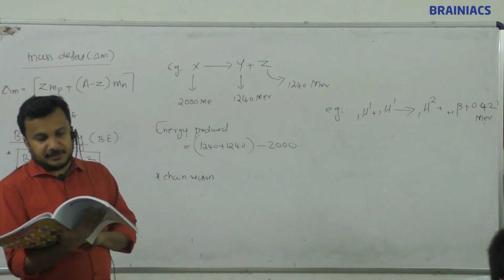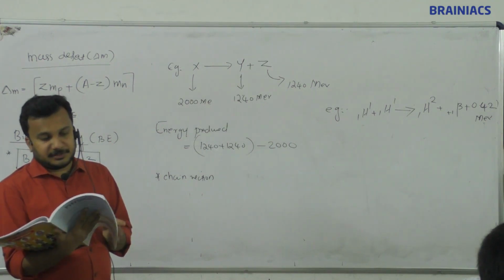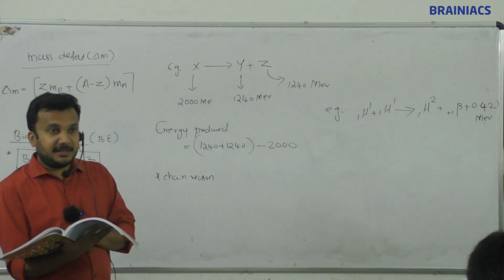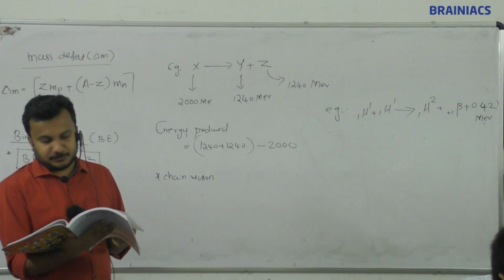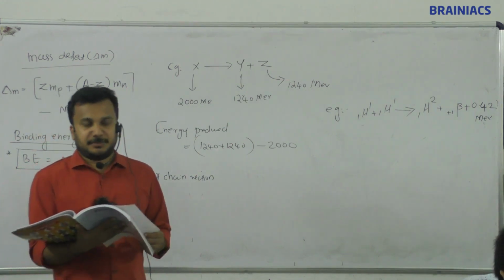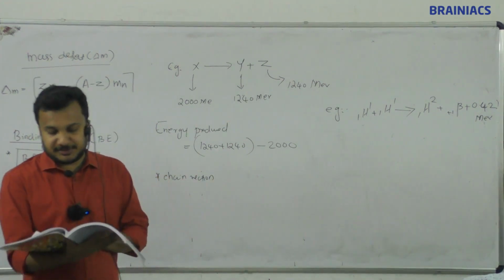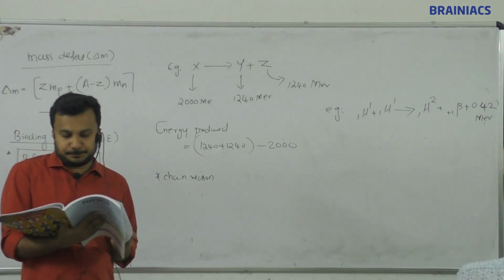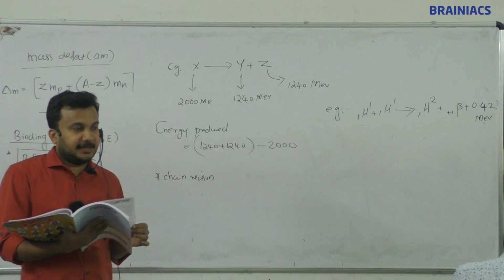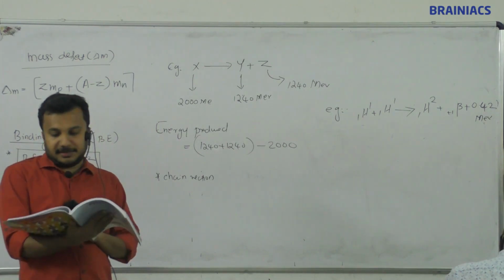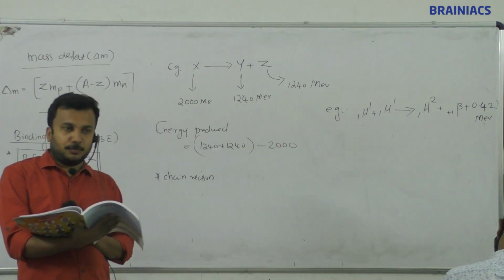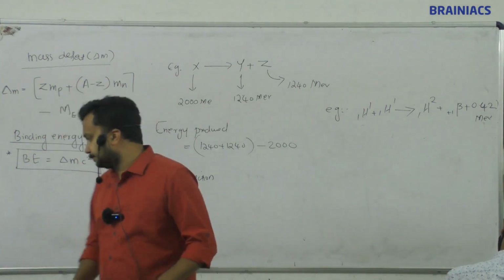Then the average time, or mean time, or average life of the substance, capital T, is equal to TA TB divided by TA plus TB.